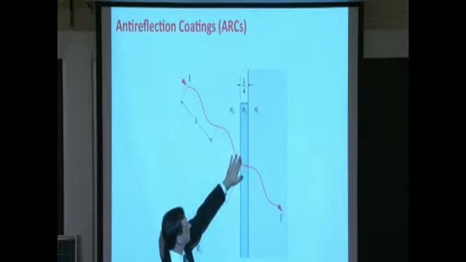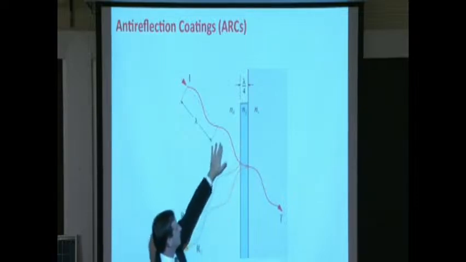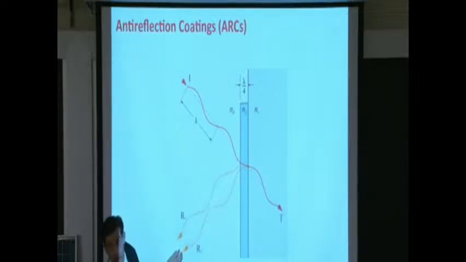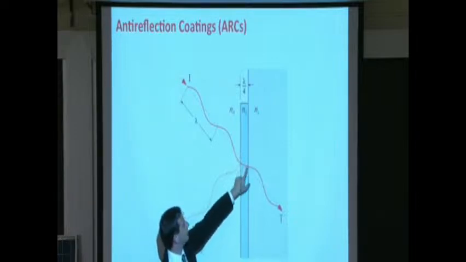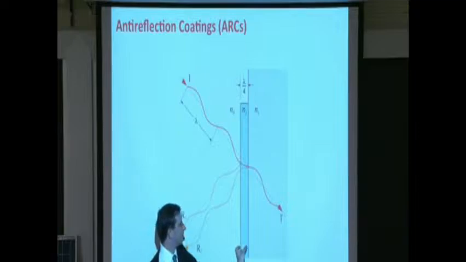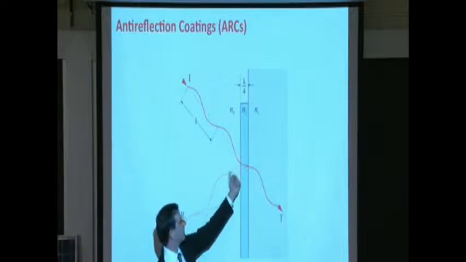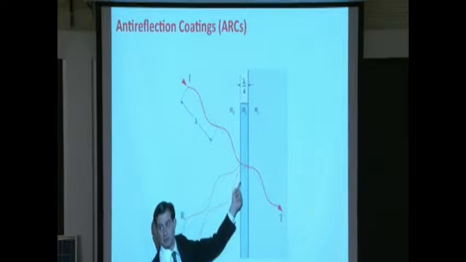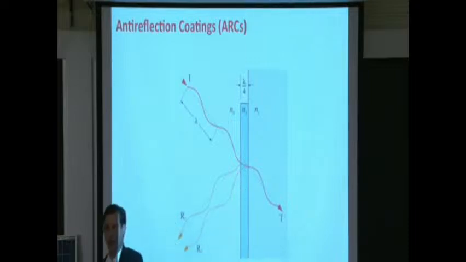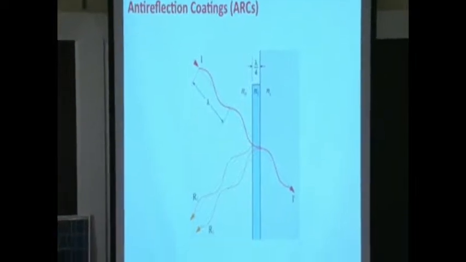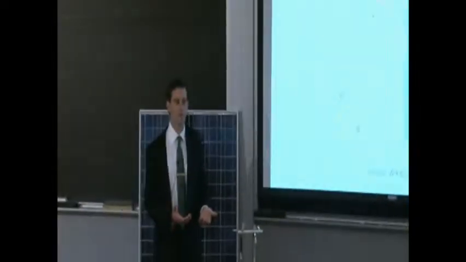But we have reflections off of this interface and this interface right here, right? And because the thickness of this layer is on the order of lambda over 4, that means that the wave that's going in will be phase shifted relative to the wave that's reflected off the front surface, first by lambda over 4, then 2 times lambda over 4, in other words, lambda over 2, which means that the two waves are out of phase by lambda over 2, which means that they will destructively interfere.